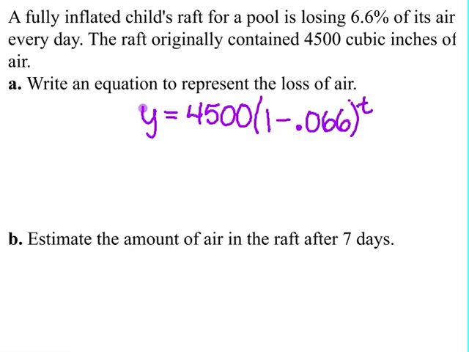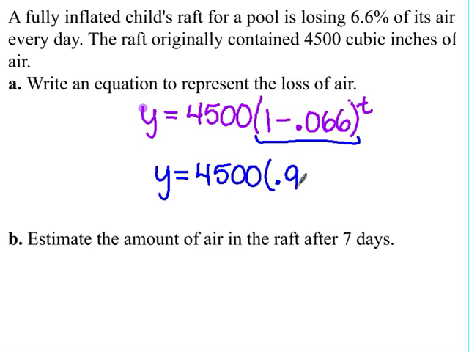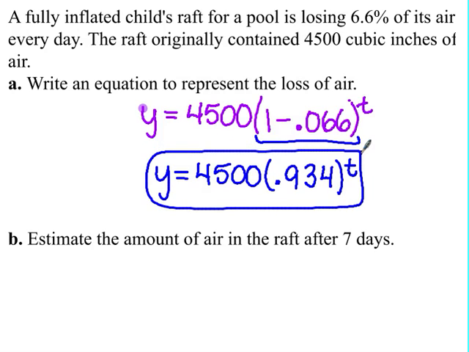T. Very good. So now, once again, we're going to do what's in parentheses first. So y equals 4,500 times what? 0.934, very good. Because all you're doing is taking the whole number 1 and subtracting 0.066.